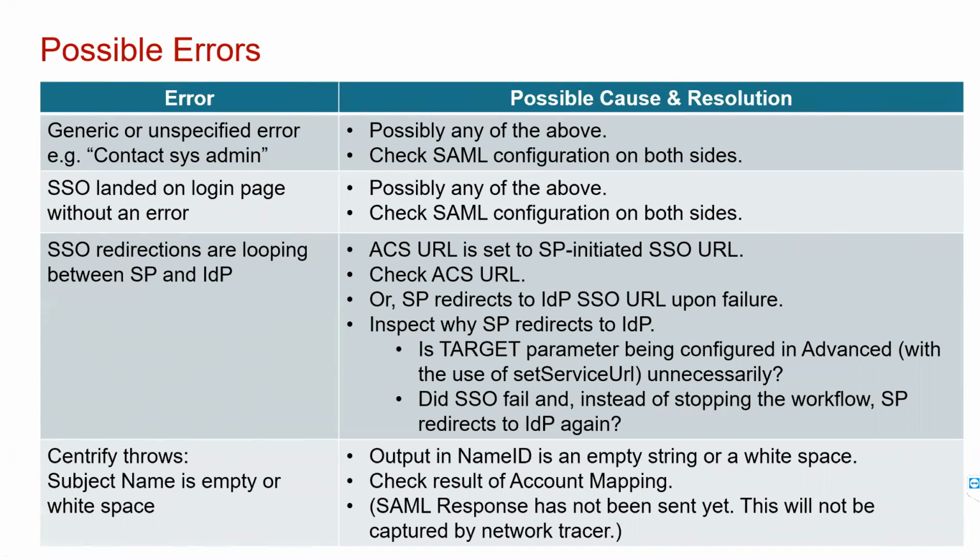But for a service provider that still supports SAML 1 and gives the target parameter, they take that as precedence, so they will process that parameter first, and then things start to go wrong from that point on.